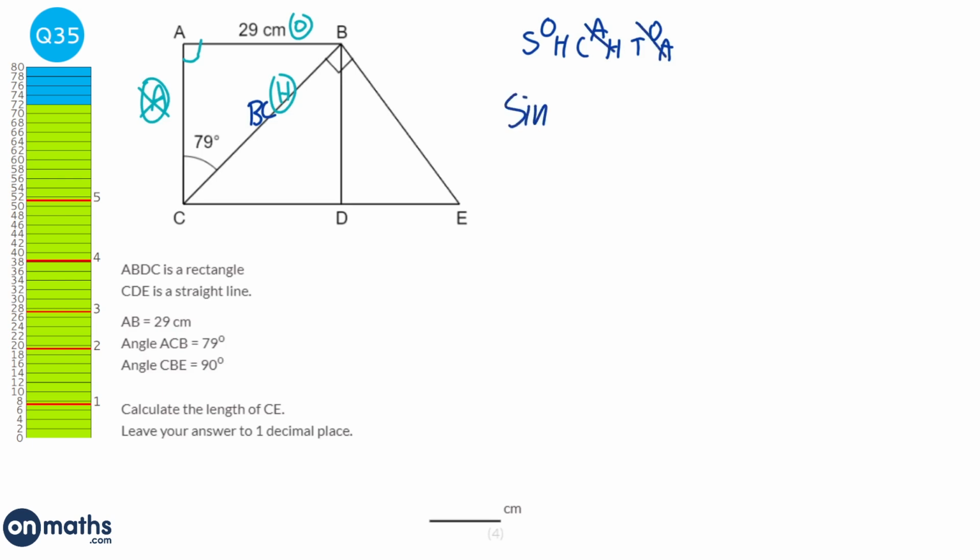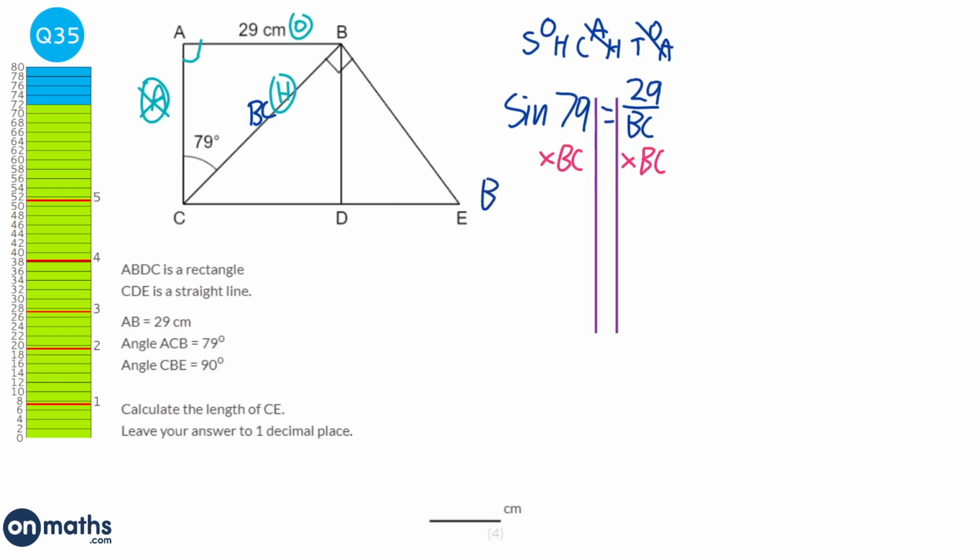So we know that sine 79 equals the opposite, which is 29, over BC. So I'm going to put my solving lines in. We need to times both sides by BC first of all.